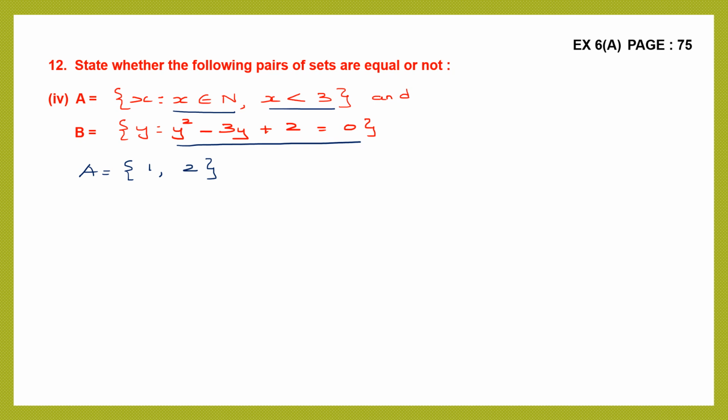Now we have to solve this and find out the elements. So let's do that. So that is y square minus 3y plus 2 is equal to 0. Again, here we need to think of two numbers that will multiply to give us 2 and add to give us minus 3. So what are the numbers that will multiply to give us 2? 1 into 2. So when you say 1 into 2, you get back 2.